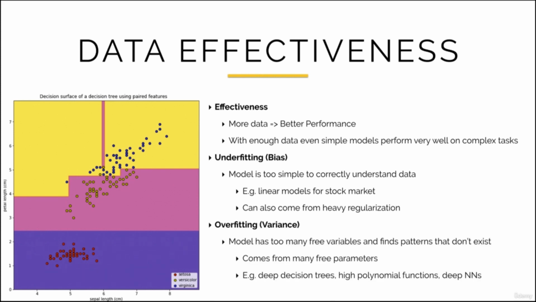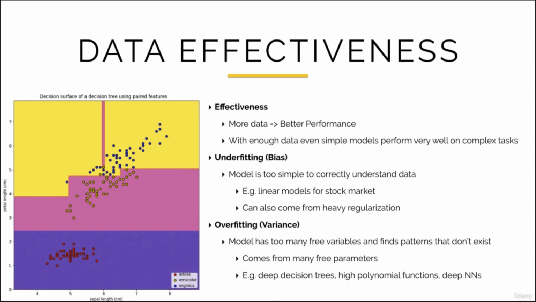Now, on the other hand, you can have overfitting, or variance, which are going in the same direction. And that's when your model is overly complex, or when it has too much freedom and it finds things that actually aren't there. So if your model is overfitting, that means it's found patterns that actually don't exist.